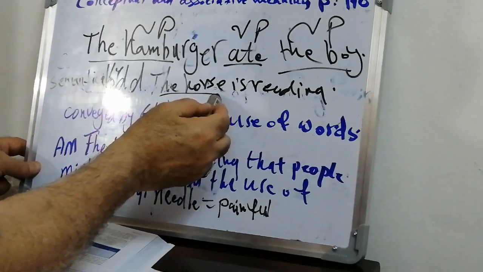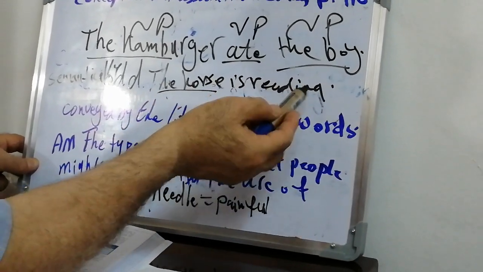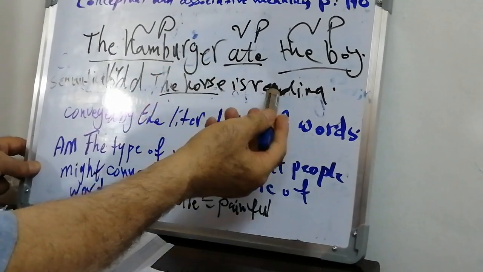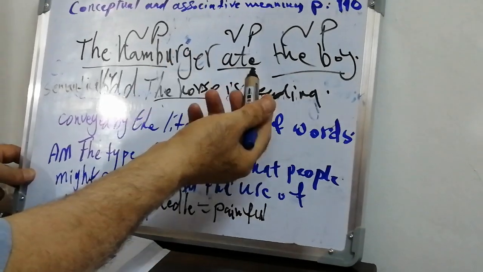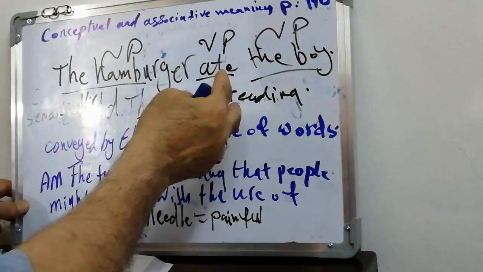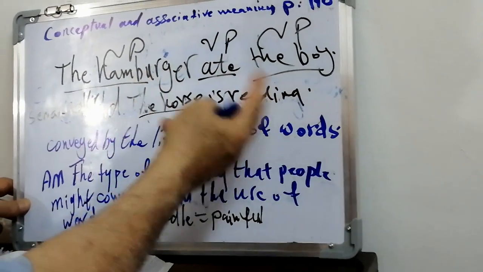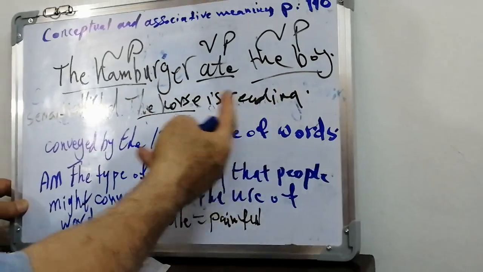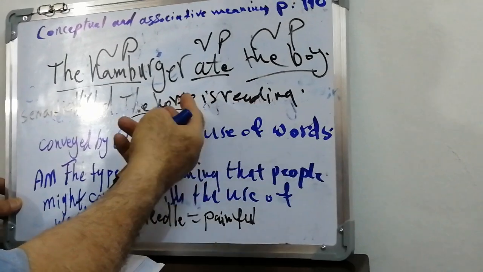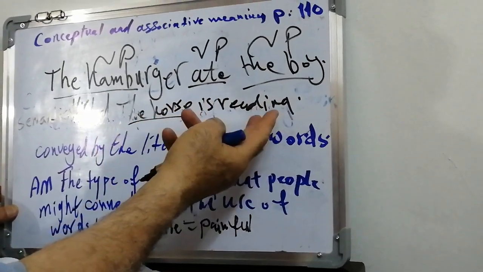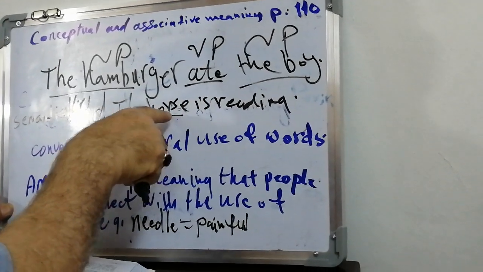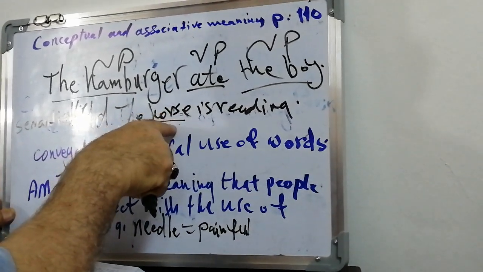The horse is the subject, and is reading is the verb, and the verb reading can take an object, but it is enough, it's a complete sentence. This sentence, syntactically it's correct, but semantically it is odd.